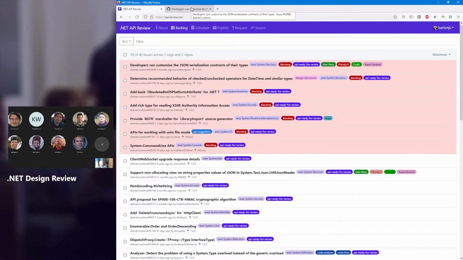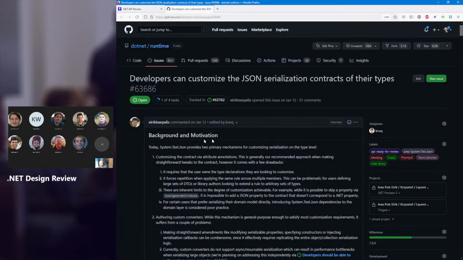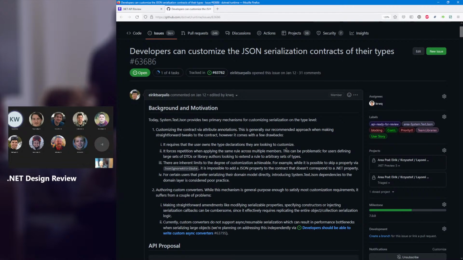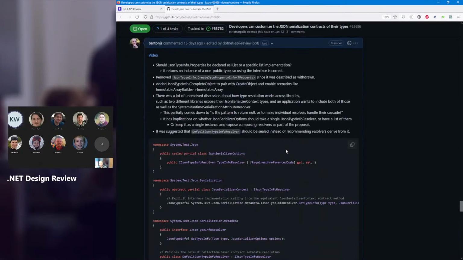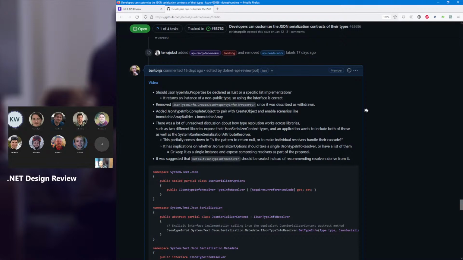Developers can customize the JSON serialization contracts of their types. Hey, so scroll down to your conclusions from the last time. I think everyone here was here last time, so we don't need to recap.